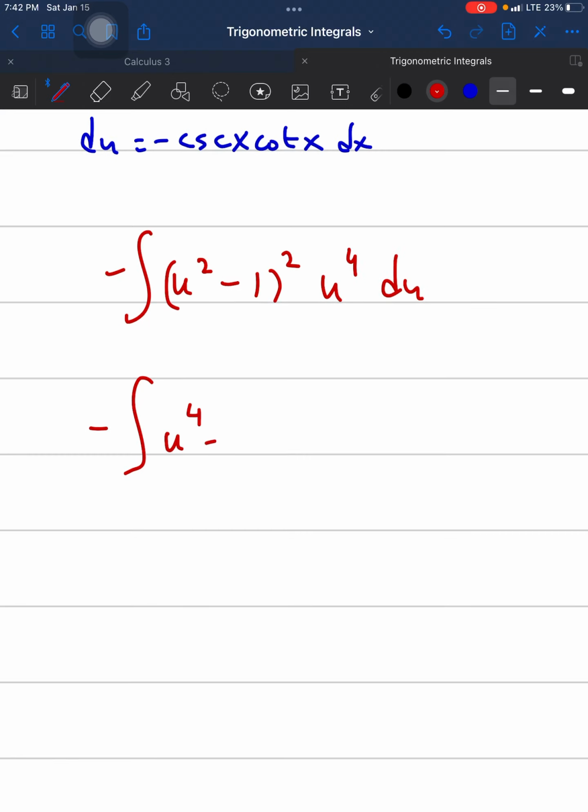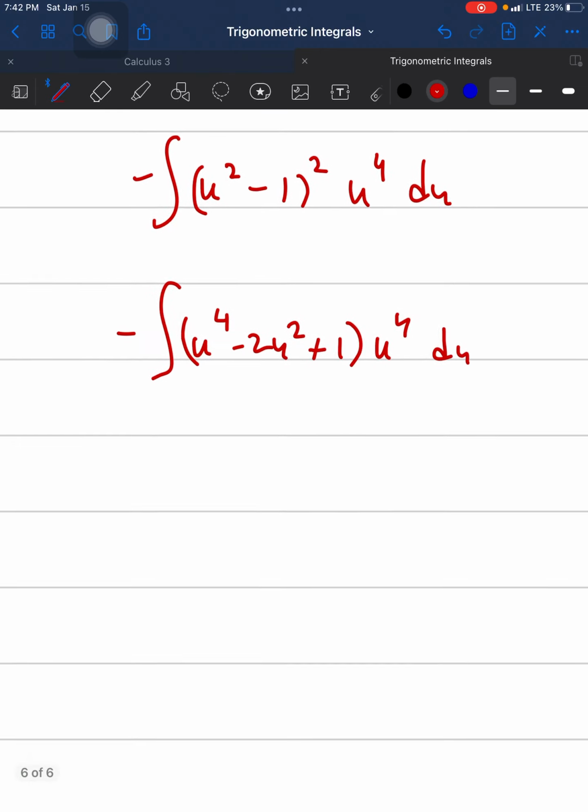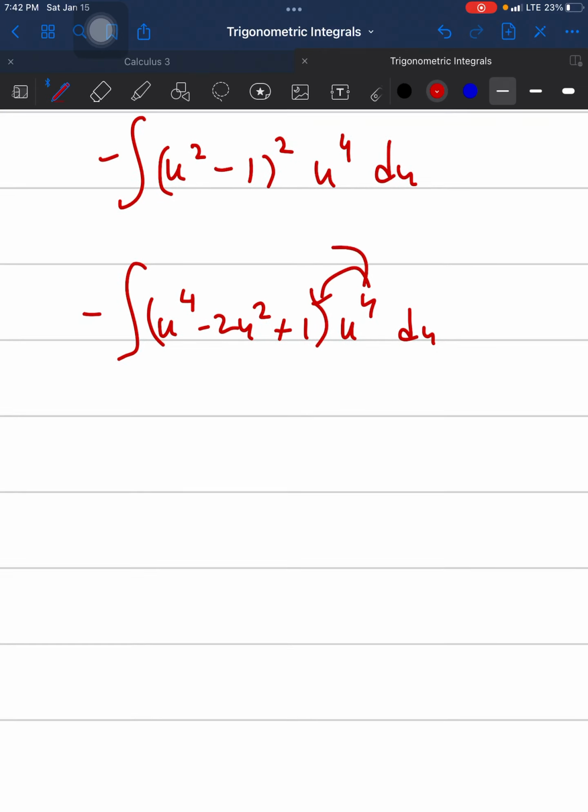This is going to be u to the fourth minus 2u squared plus 1 times u to the fourth du.